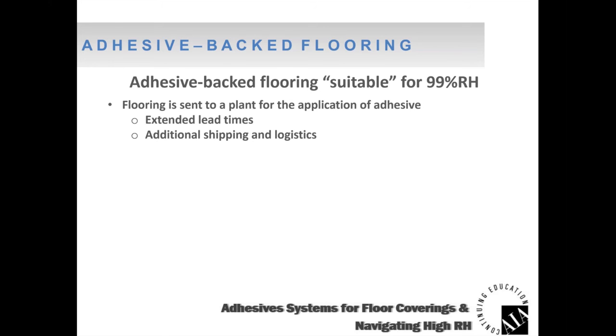So if you're considering this type of flooring with the adhesive applied by a third party to the back side of the flooring, make sure you're aware of any extended lead times, any shipping and logistical issues, and understand what that means. So ask the questions, that's all I'm saying.